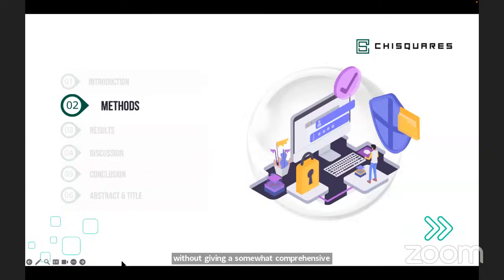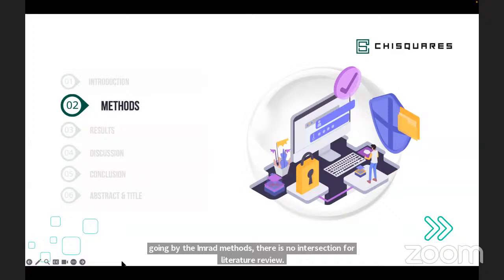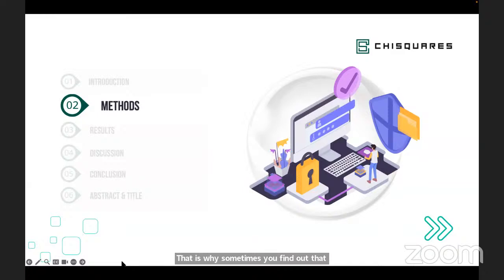And going by the IMRAD method, there is no section for literature review. That is why sometimes you find that the introduction section of some authors is a bit long, because they are constrained by the IMRAD method from the journal they want to submit to. There is no room for literature review, so they try to integrate it in the introductory section.